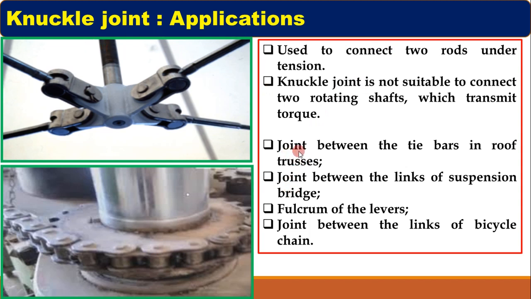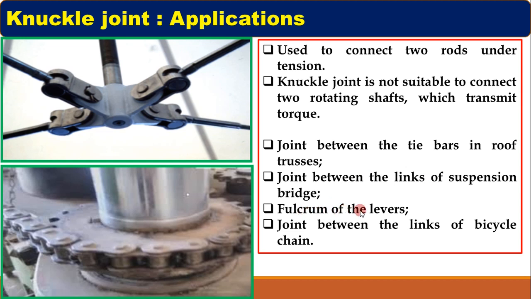So this is the variety of applications: the joint in the roof truss to connect the tie bars, then the joint between the links of a suspension bridge in order to get a little flexibility, as this knuckle joint permits a little angular movement.